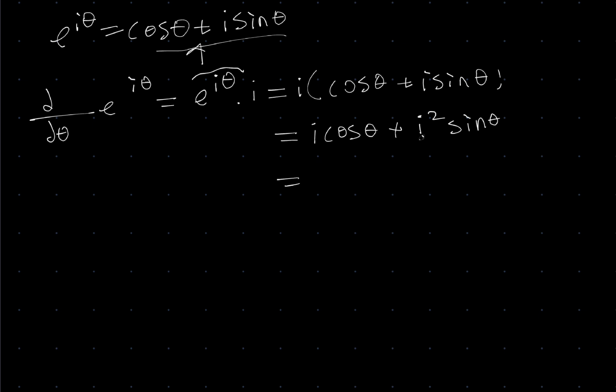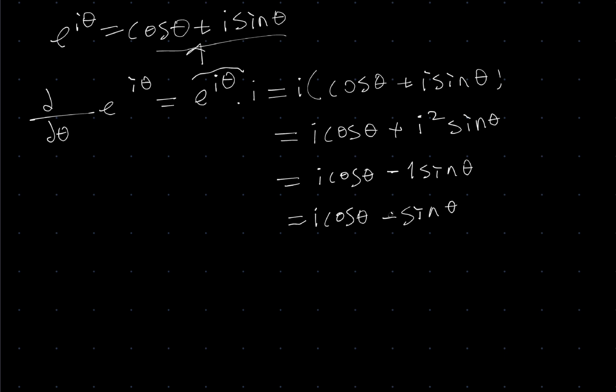And we know that I squared is equal to minus 1, right? So minus 1 times sine theta, and that is equal to minus sine theta.